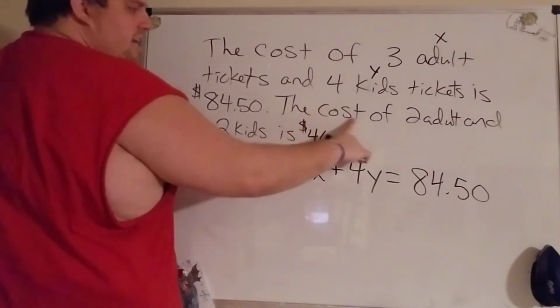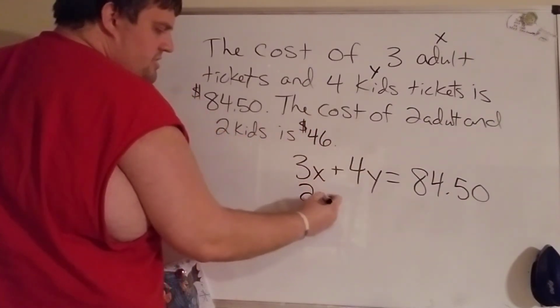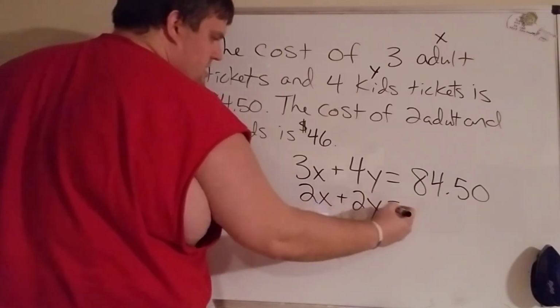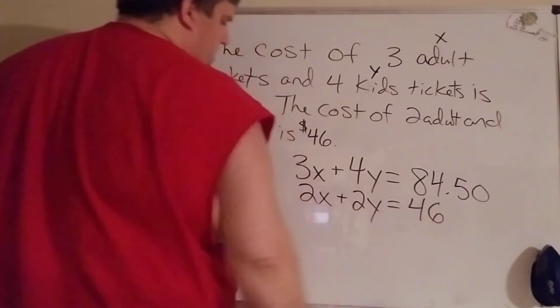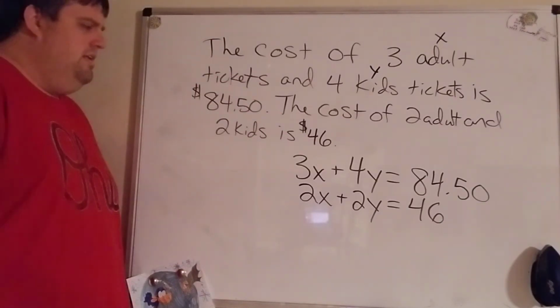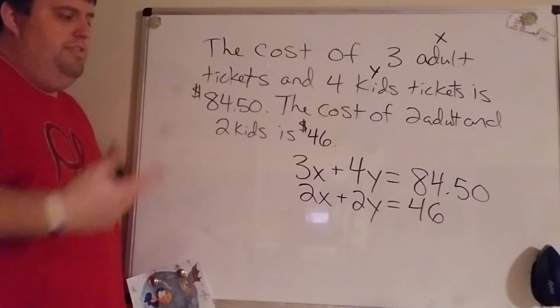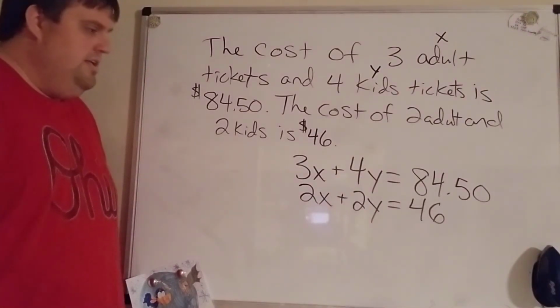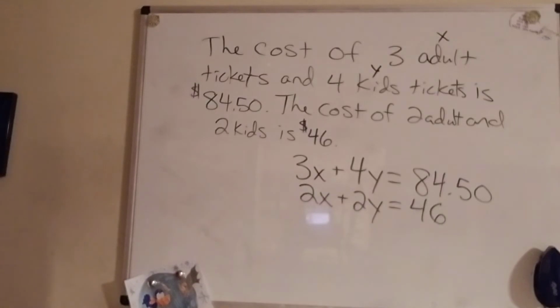And then if we look at the second sentence, 2 adult plus 2 kids is $46. So there's my two equations. That's all I need, right? I just need two equations.